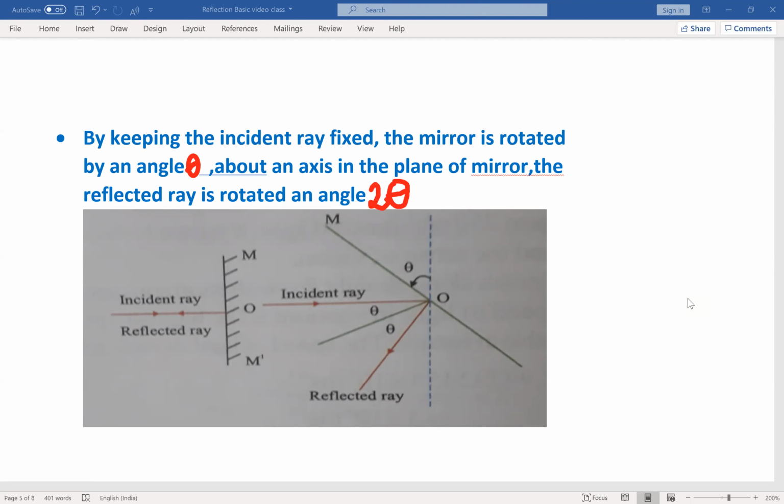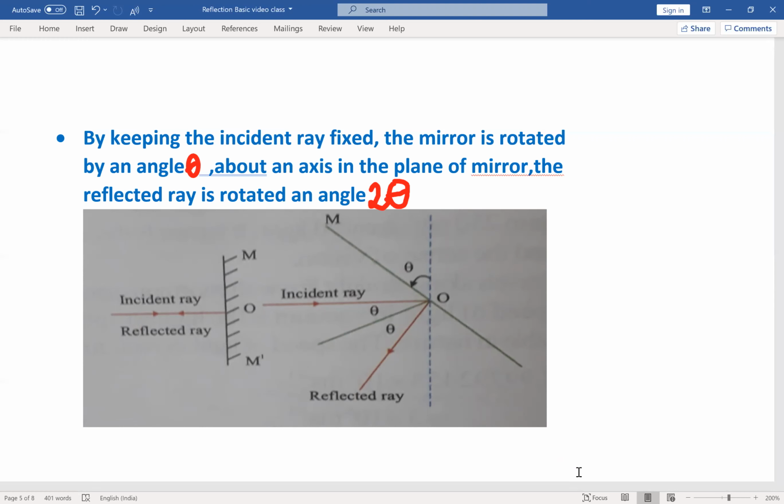So, to follow the laws of reflection, the incident ray should reflect such that the angle made by the reflected ray and the normal must be equal to the angle of incidence. Here, the normal and the incident light make angle theta to each other.